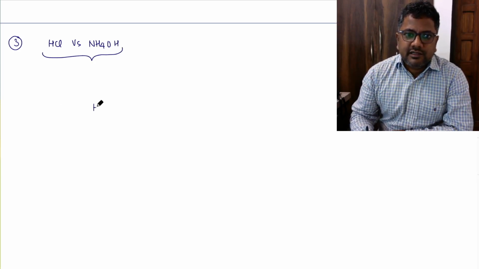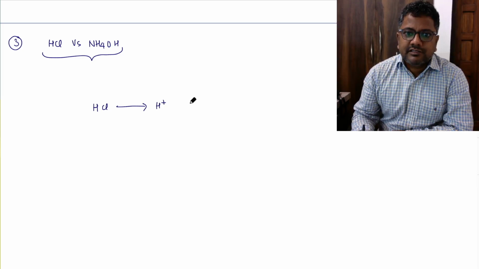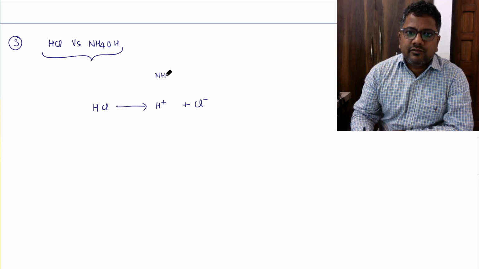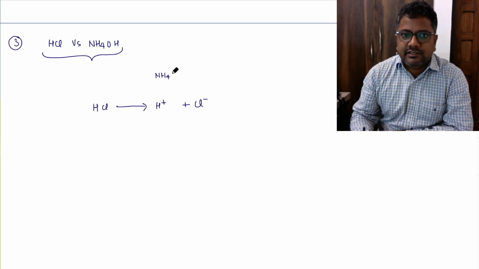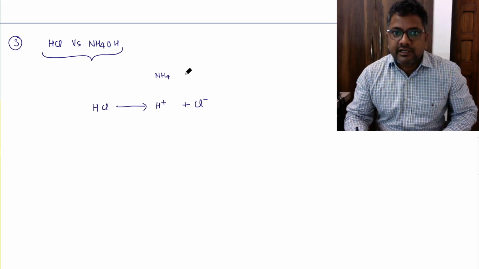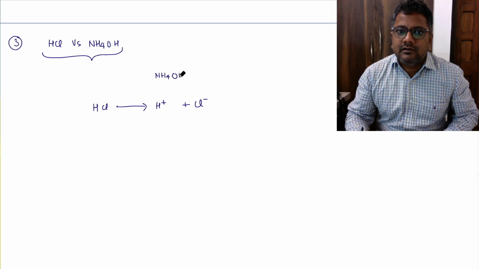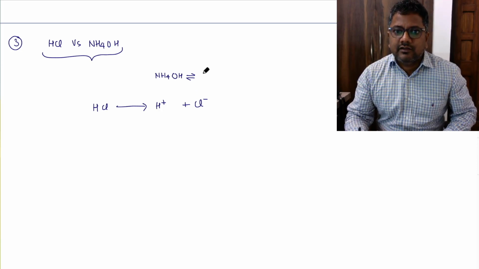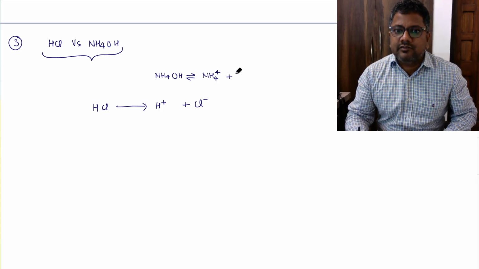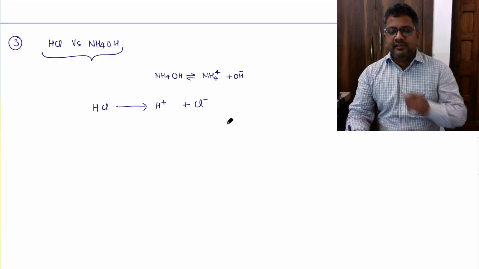HCl is fully dissociated into H plus and Cl minus, and you are adding NH4OH. This NH4OH is a weak electrolyte, so this will form the equilibrium like this, NH4 plus OH minus.